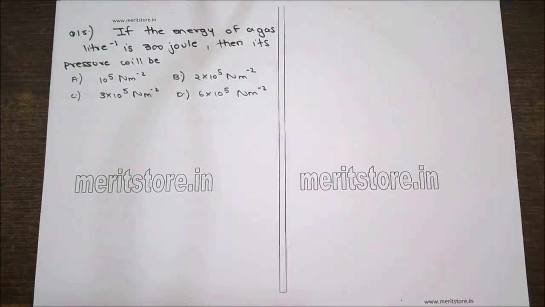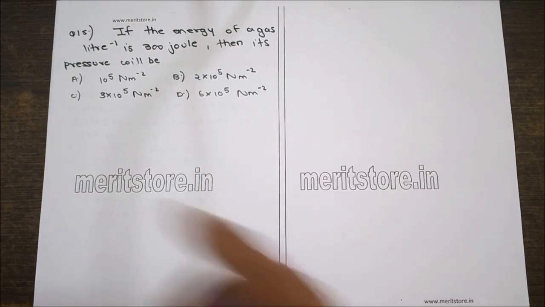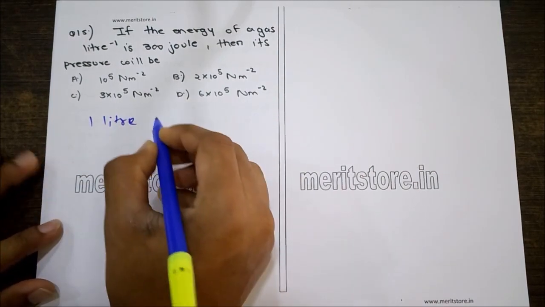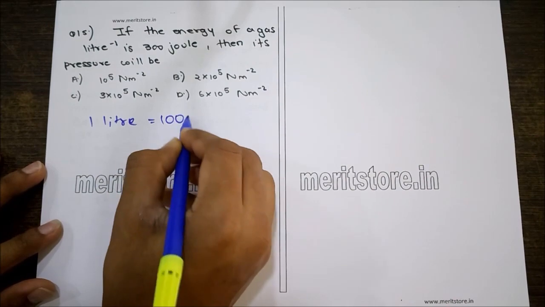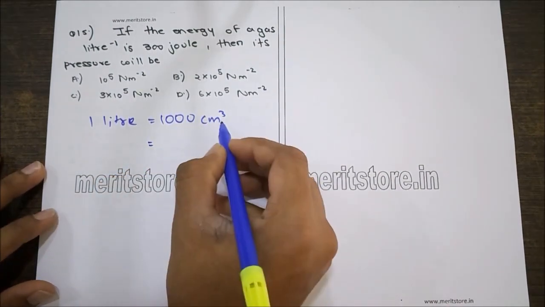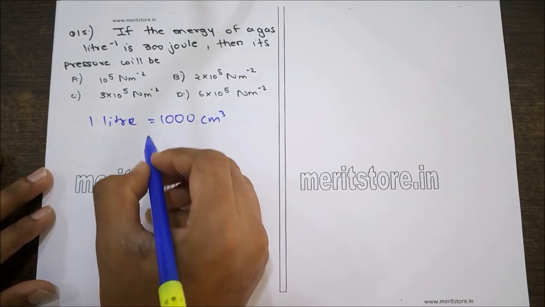If the energy of a gas per liter is 300 joule, then its pressure will be, options given are 10 raised to 5 Newton per meter square, 2 into 10 raised to 5 Newton per meter square, 3 into 10 raised to 5 Newton per meter square, and 6 into 10 raised to 5 Newtons per meter square. Now 1 liter can be written as 1000 centimeter cube, and this can be converted into meter cube.